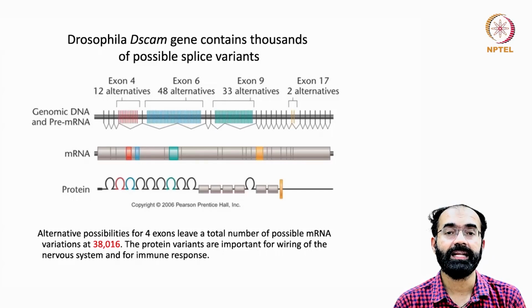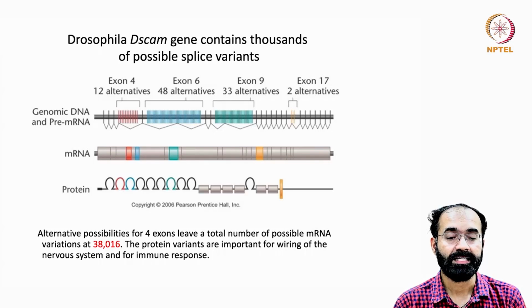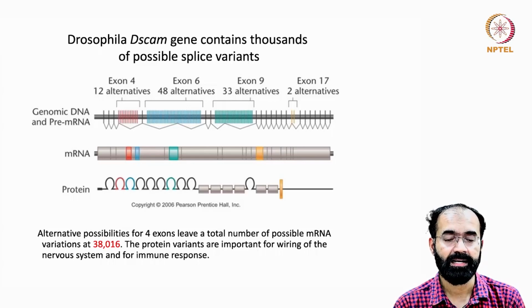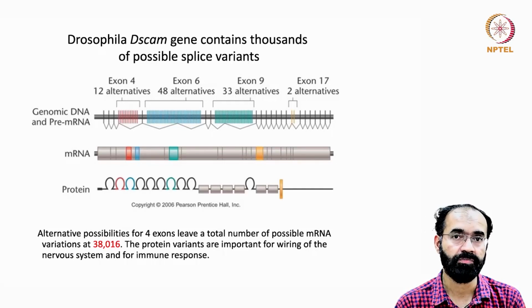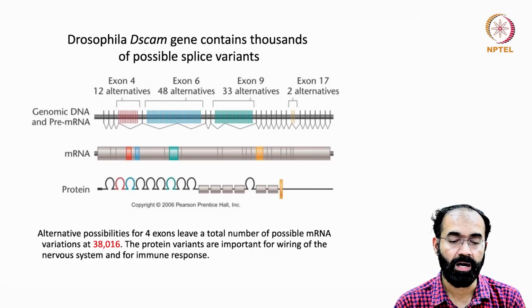In the genomic DNA and the pre-mRNA, you have exon 4, exon 6, exon 9 and exon 17. They participate in a diverse variety of alternative splicing. That means exon 4 can contribute 12 alternatives, exon 6 can cause 48 alternatives, exon 9 can bring in 33 alternatives, and exon 17 can bring 2 alternatives.